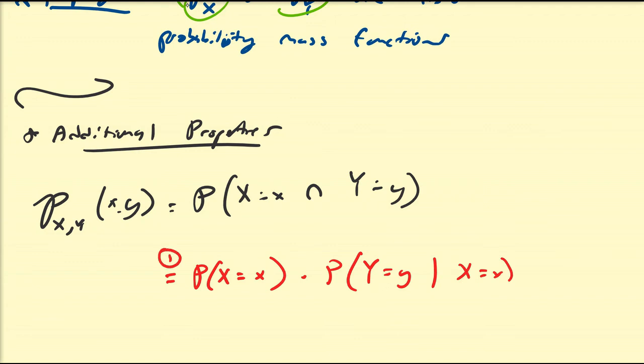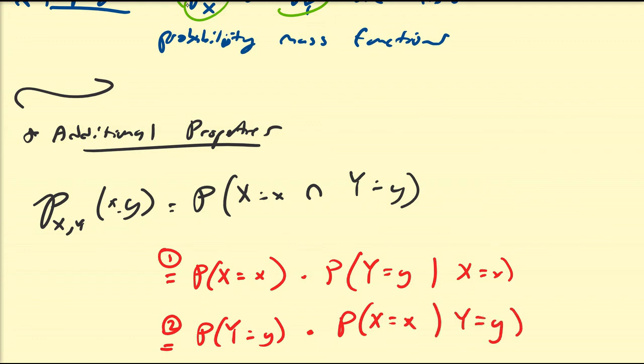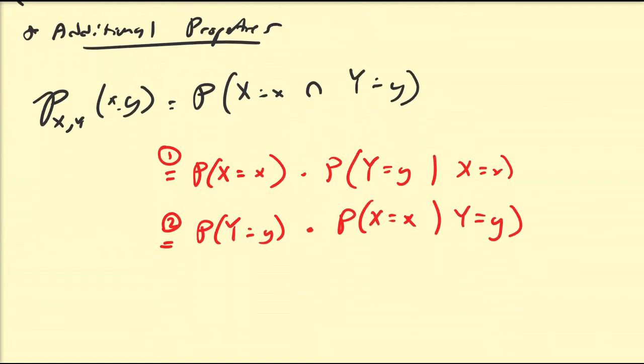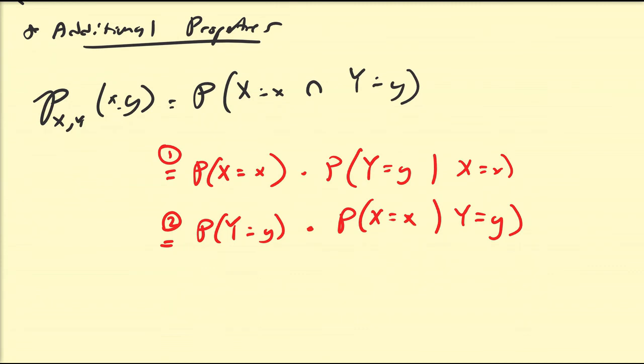Or you could do it in the other direction. It's the same as the probability that Y is equal to y times the probability that X is equal to x, given that Y has taken the value y. So this is using the definition of conditional probabilities. This is one useful connection.